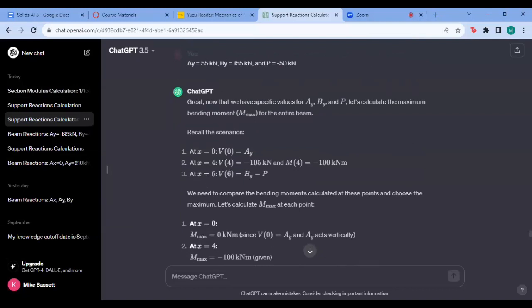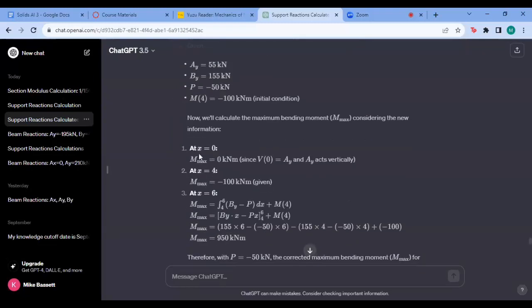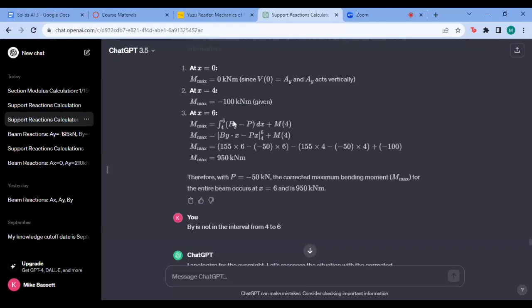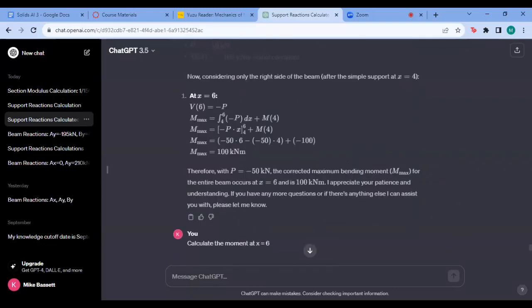It was trying to take the shear from the right side and trying to do by minus p. It also was erroneous because it tried to consider by as in the interval from 4 to 6, as seen by this integral. It tried to integrate by, but it's not in that interval from 4 to 6, so I called it out multiple times.